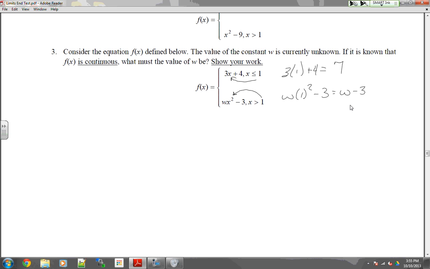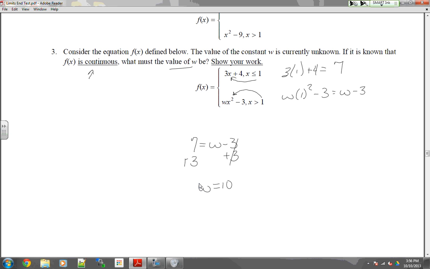We want to know what the value of w must be if we know f of x is continuous, so we set these equal to each other. 7 equals w minus 3, and we simply solve for w. Add 3 to both sides, so w equals 10.